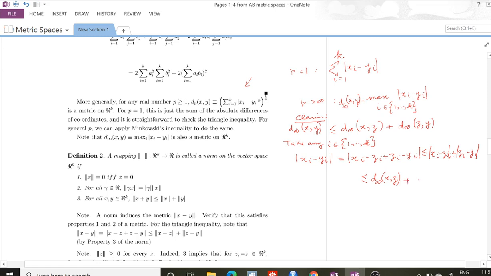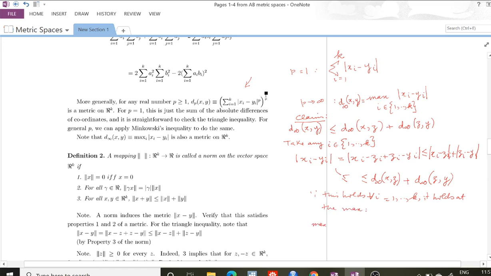And similarly, the second term is less than or equal to d infinity zy, right? So since this inequality holds for all i, it holds at the max, right?